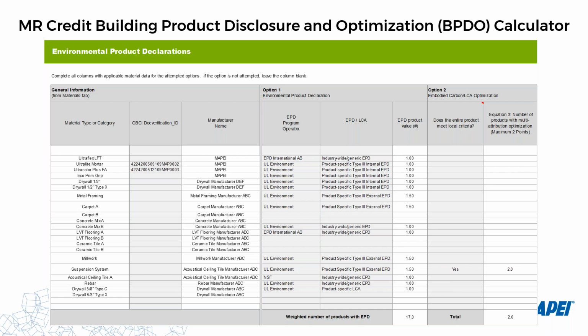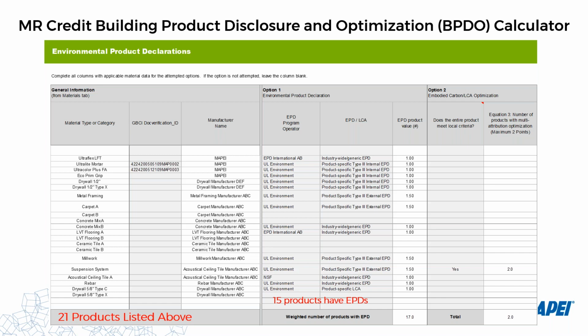Here, you're seeing the EPD tab of the BPDO calculator. So in this example, we're seeing that there are 21 products listed in my example here. And under option 1 column in the center there, in this example, we've identified 15 products of the ones on the far left have an EPD. Not every product is going to have an EPD, and that's okay.